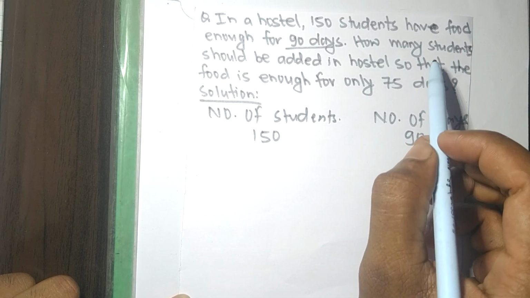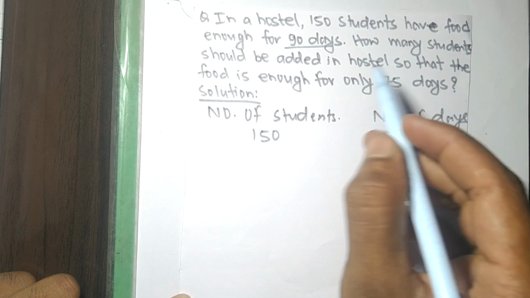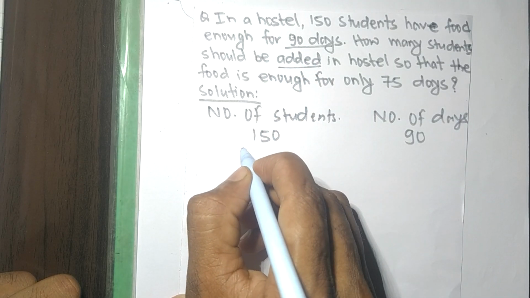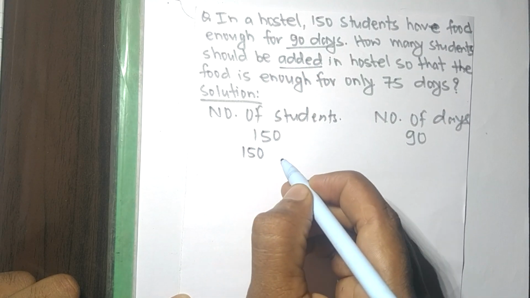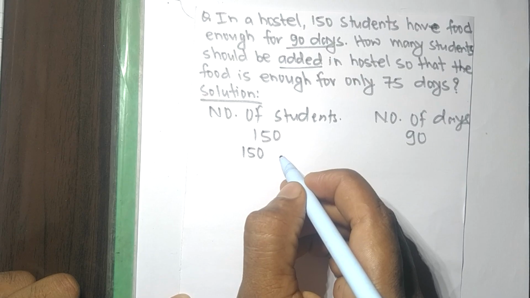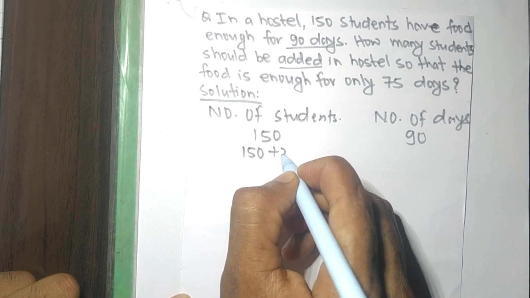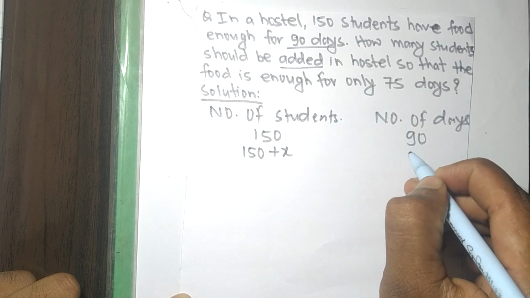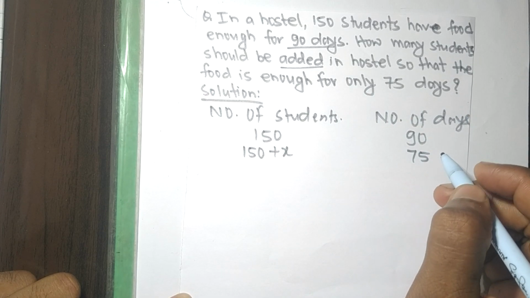In the second condition, how many students should be added? So already we have 150 students. Suppose the added number of students is x. So now the food is enough for 75 days.